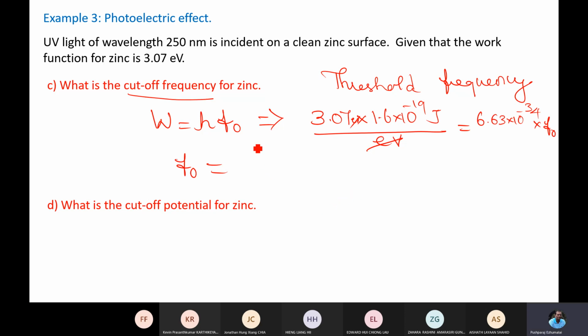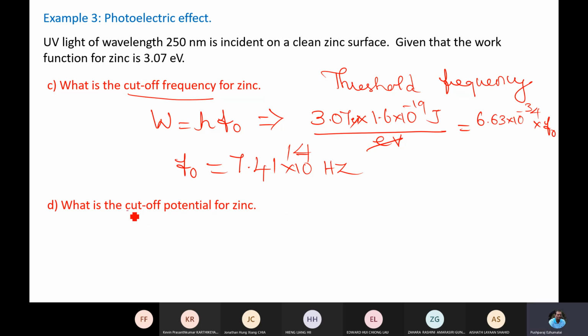So I am getting the threshold frequency or cutoff frequency 7.41 into 10 power 14 hertz. So the unit is hertz. Okay, so 7.4 into 10 power 14 hertz.